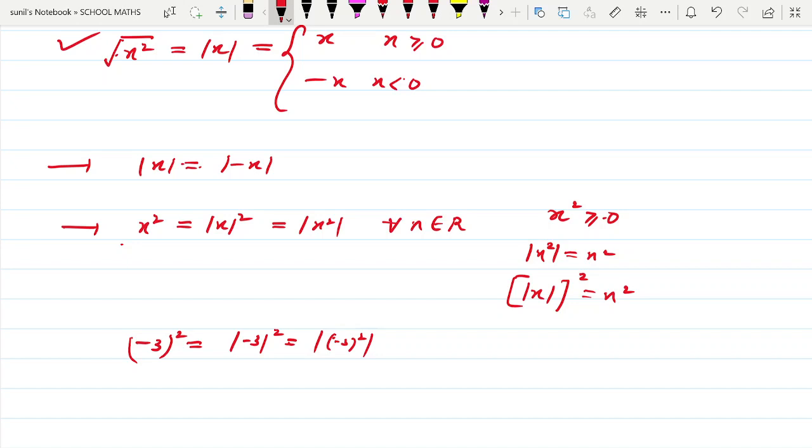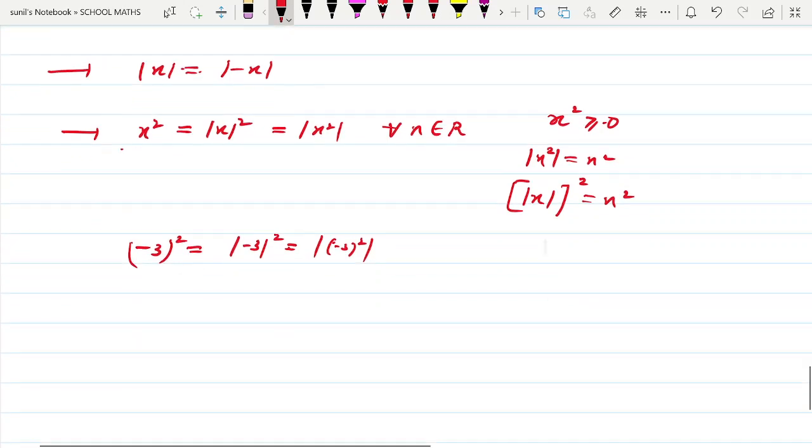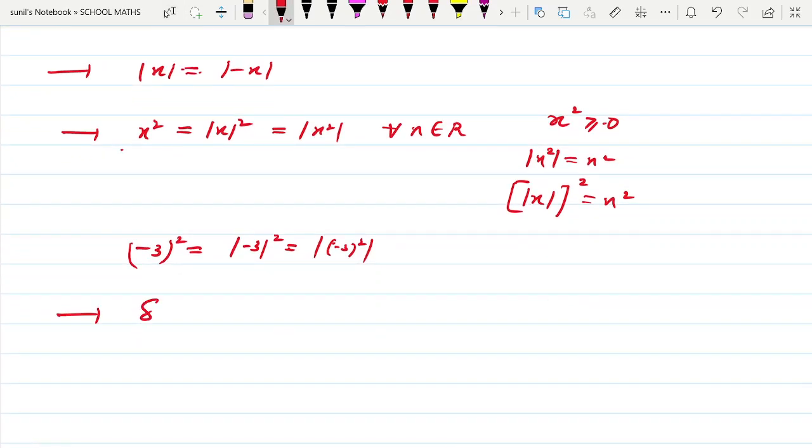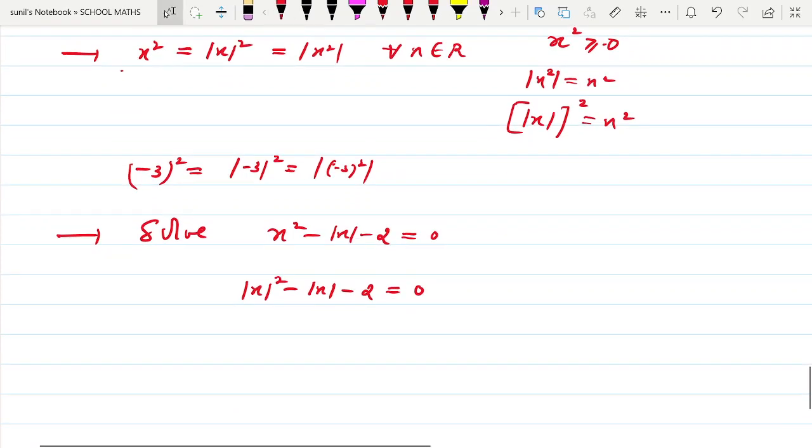Now let us make use of these results to solve some questions. Suppose the question is: solve x square minus mod x minus 2 equals 0. Now most of the students are afraid when they see the expression of mod. Now can we write this x square as mod x square? Yes. Now you will really enjoy this. Now it becomes quadratic in mod x. So let mod x equal t.